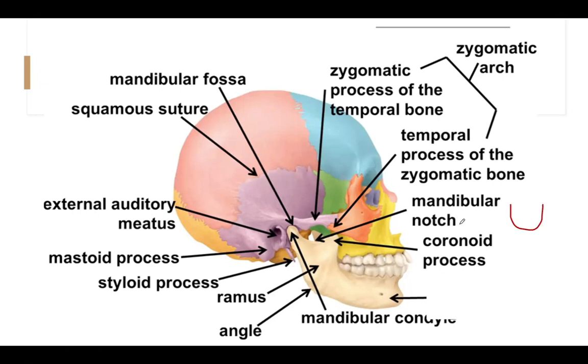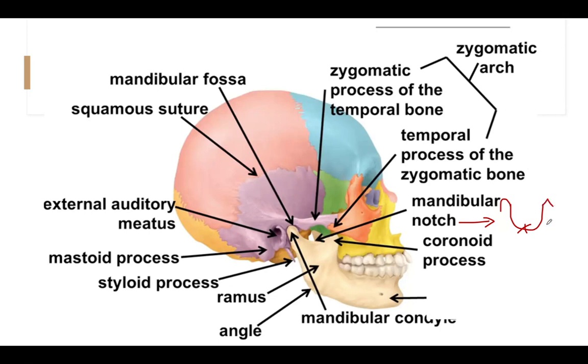If you're having trouble keeping these terms of the mandible in line, just remember your notch. The mandibular notch means a U, so that notch is going to be right here. X marks the spot. Posteriorly, you have a nice condyle, and that's going to be your mandibular condyle. Anteriorly, you have more of a jagged point.